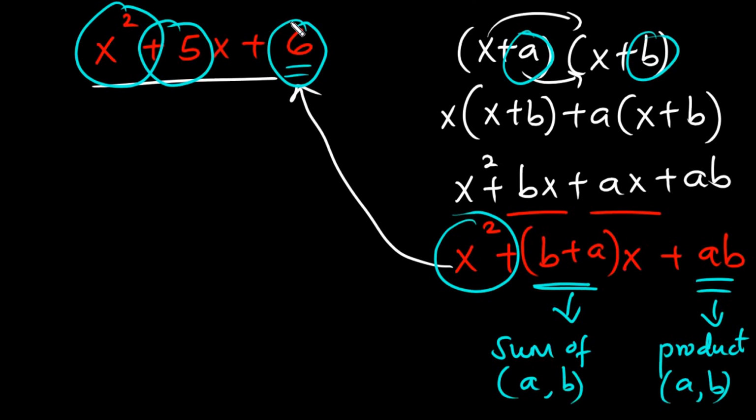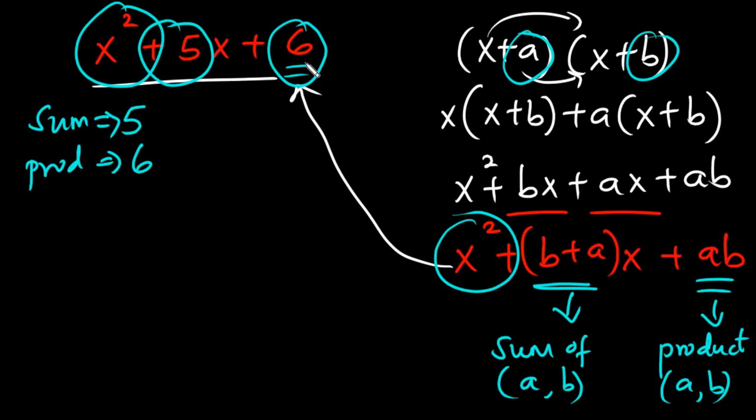So we can ask ourselves, which two numbers have their sum as 5 and their product as 6? Which two numbers, when you add them, you get 5, and when we multiply them, we get 6? Let me show you a way to get these two numbers.